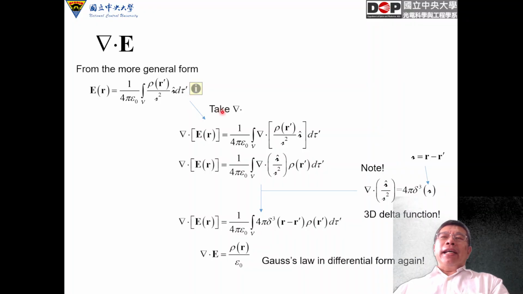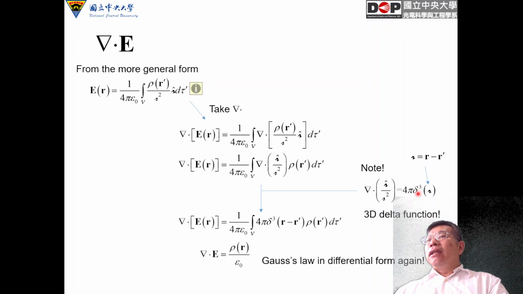So we take the divergence of this electric field. The divergence only works on the observation point, so whatever consists of R, we take the divergence of. And earlier we talked about how this divergence actually gives us 4 pi times the delta function cubed with this funny R vector. It's a three-dimensional delta function.